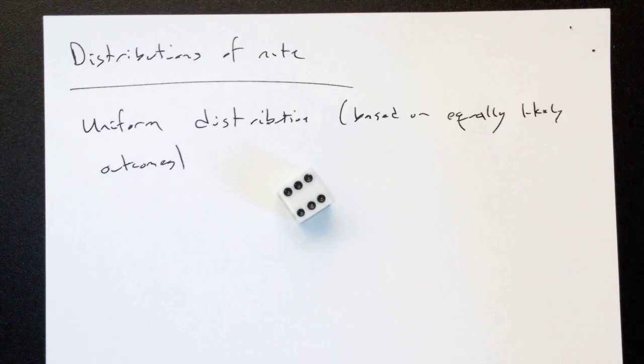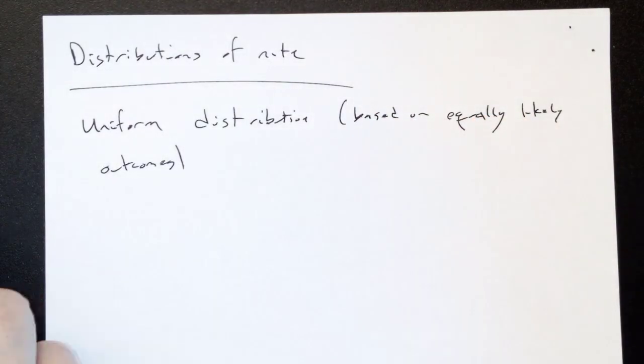Let's consider this example, and it doesn't have to be a regular die. It could be a funky die. But as long as all the outcomes are equally likely, it doesn't matter how many sides my die has. 6, 20, 37, doesn't matter. The idea is our uniform distribution with equality.